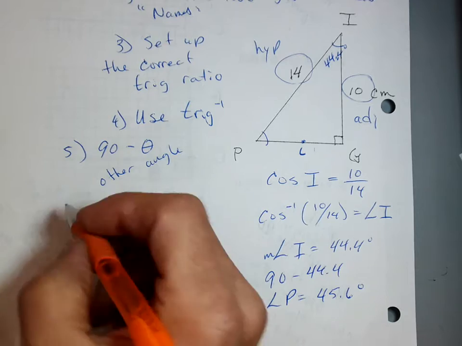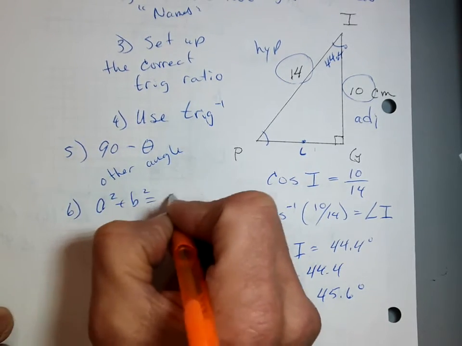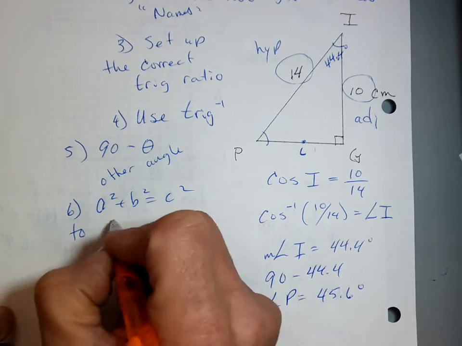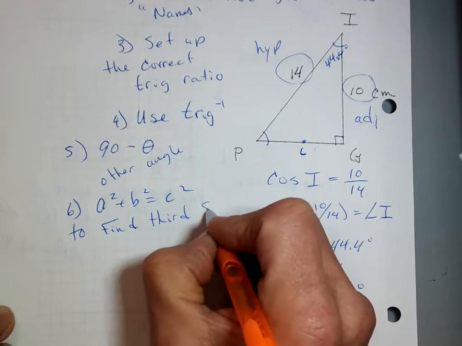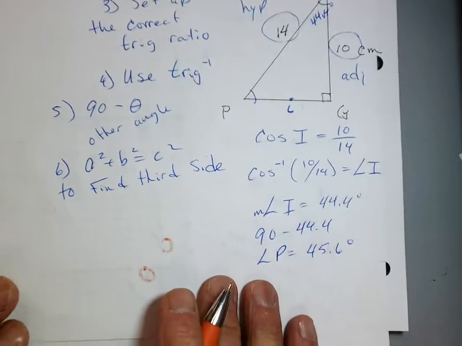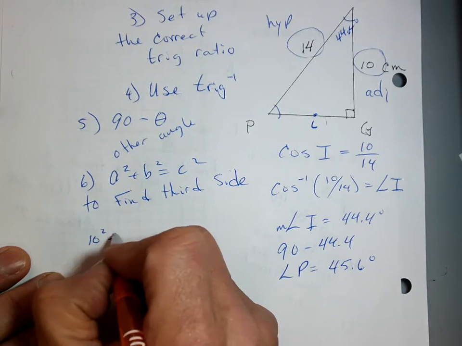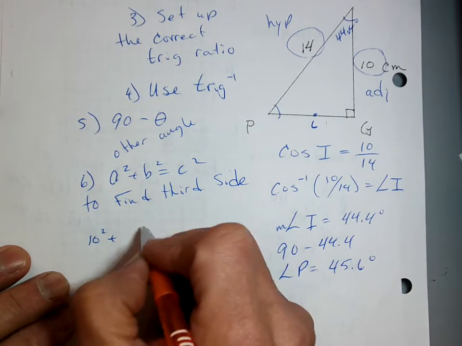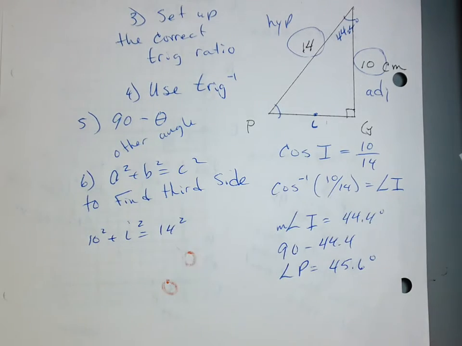So then step 6, a squared plus b squared equals c squared to find the third side. Okay, so then I would go 10 squared plus I squared equals 14 squared, right? To find the third side.